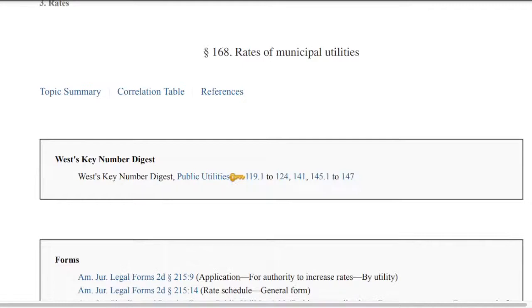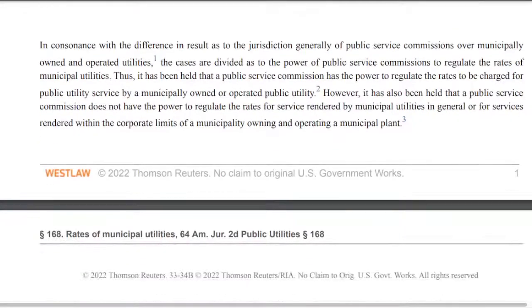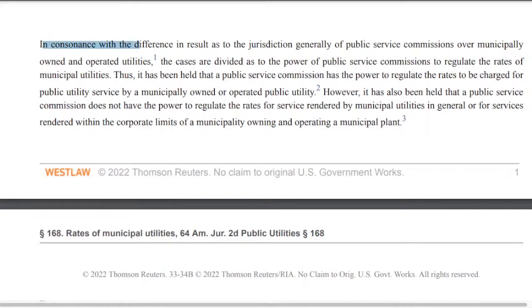Rates of municipal utilities. All right, now we're in consonance with the difference in result as to the jurisdiction generally of public service commissions over municipally owned and operated utilities. The cases are divided as to the power of public service commissions to regulate the rates of municipal utilities.